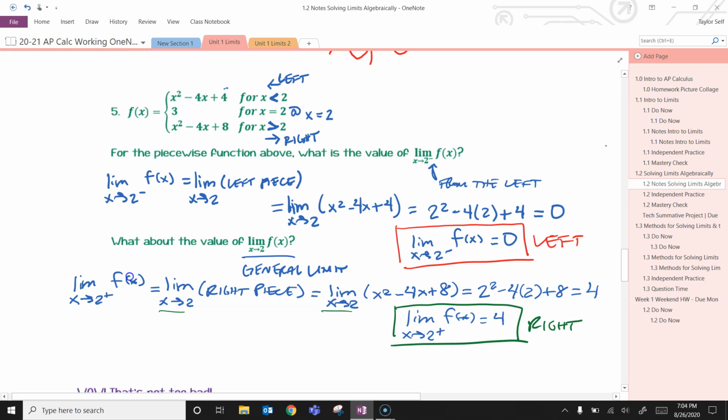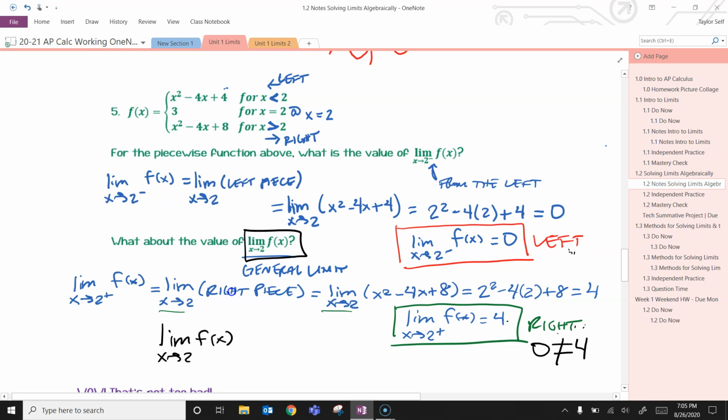Okay, really quick. Did we answer the question? We were supposed to find the limit as x approaches 2 of f of x. Did we find that? No, not yet. But we found the left limit and the right limit. These have to equal each other for the general limit to exist. Does 0 equal 4? 0 does not equal 4.